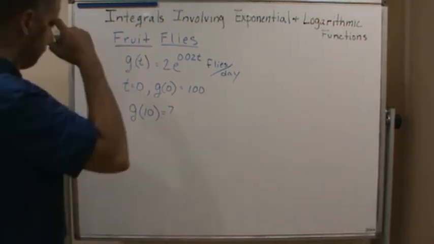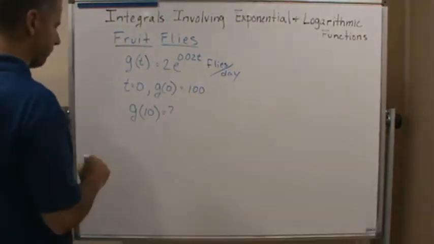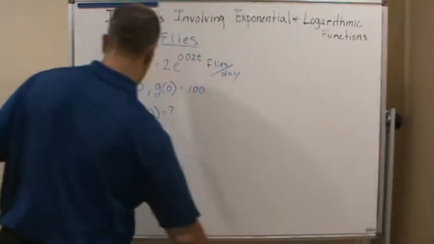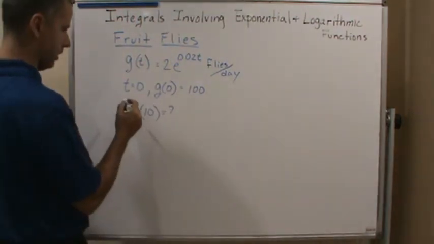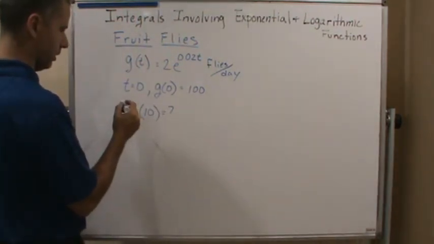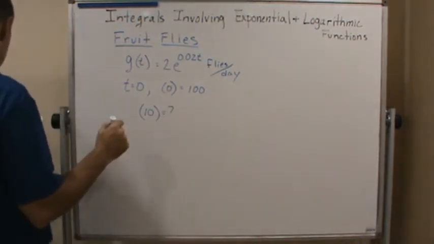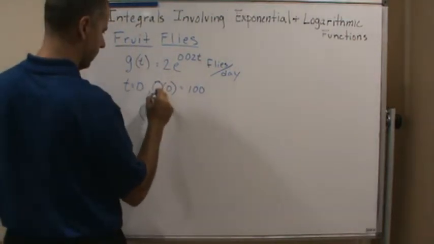Okay, so let's set this up. Here's our function. This is Q of 0.